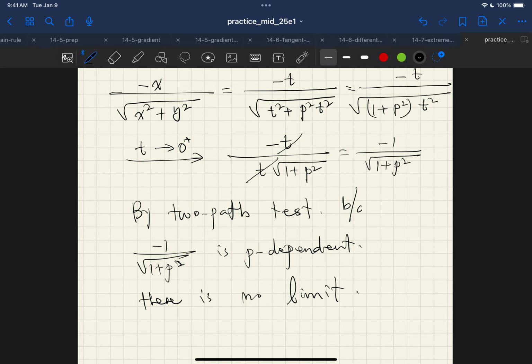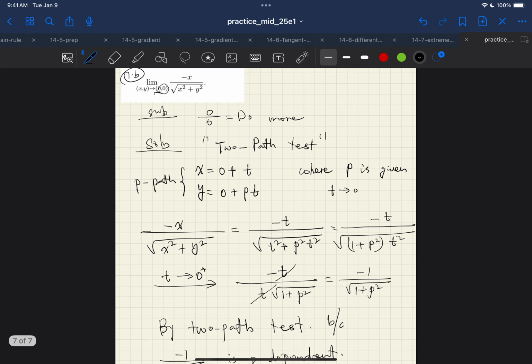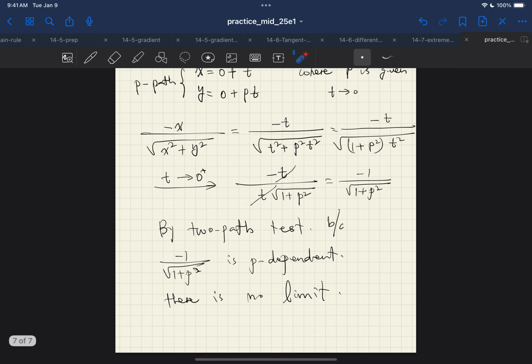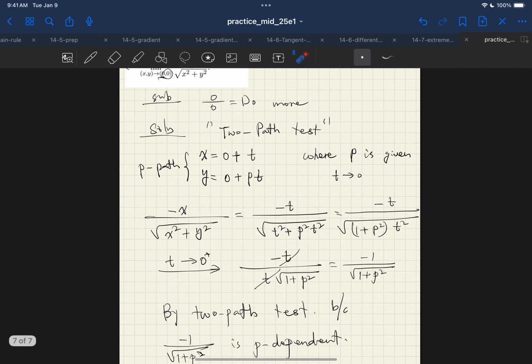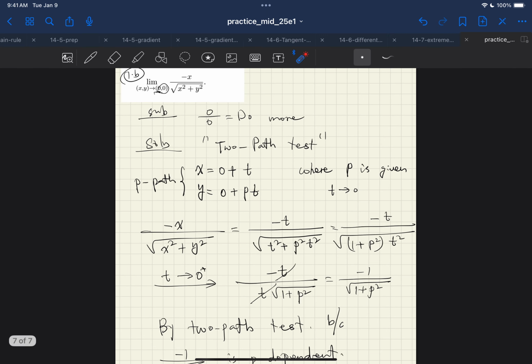All right, that's pretty much everything. Sometimes when you do the two-path test, this is not sufficient, because no matter what p is, at the end you get a p-independent limit. Then in that case, if you truly believe there is no limit, you should try a different path, not necessarily linear.